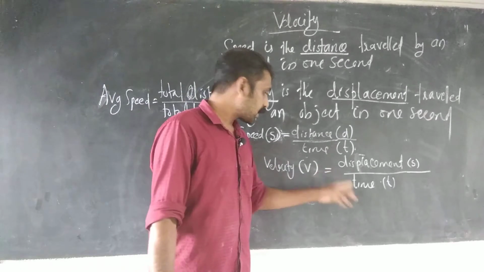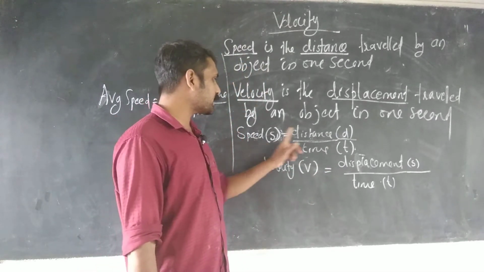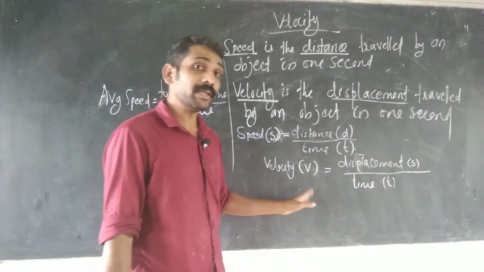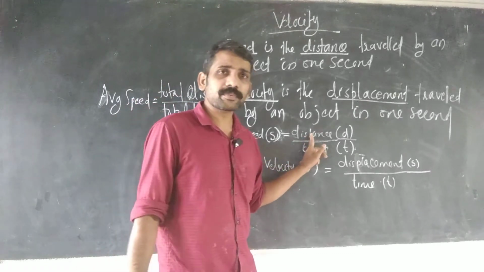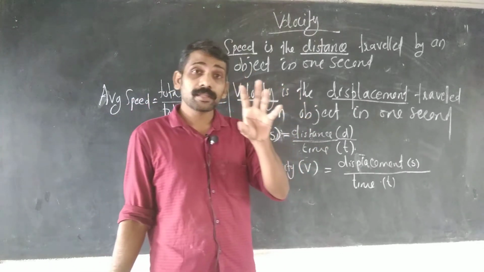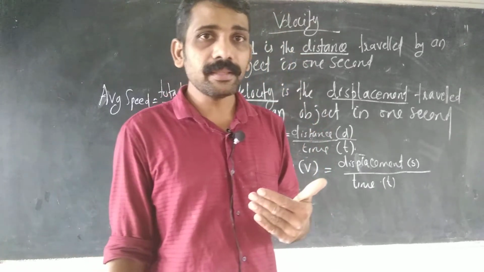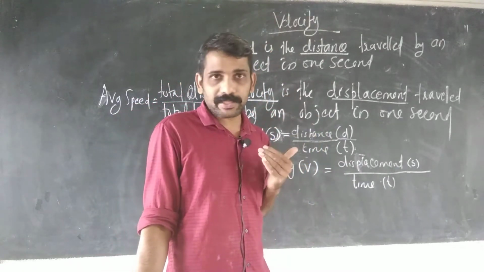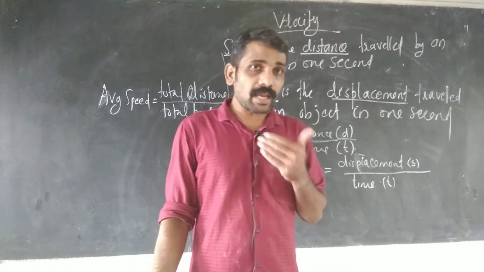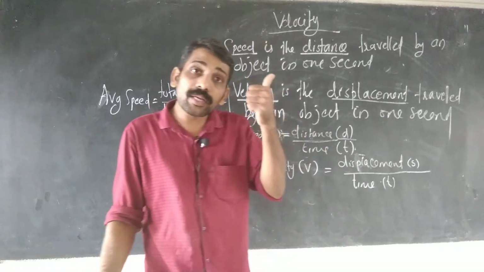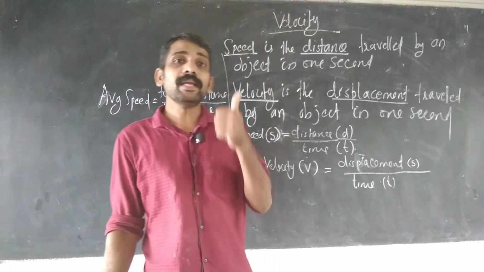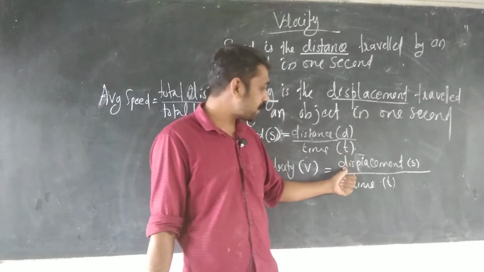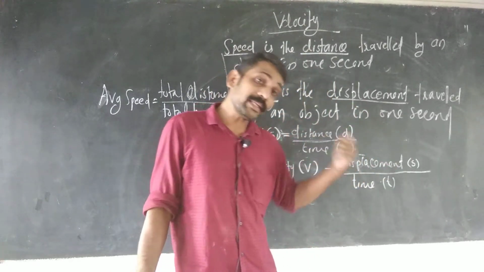So let us come to velocity. Speed is distance by time, velocity is displacement by time. In the previous class we studied the difference between distance and displacement. Distance has only magnitude but no direction, and displacement has both magnitude and direction.